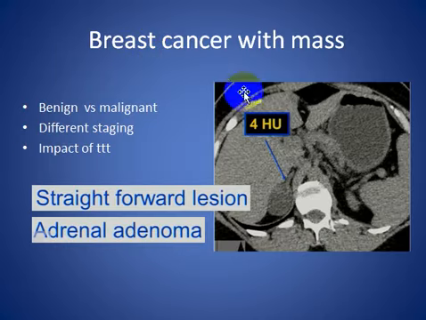Here, this patient with right adrenal mass, a patient with breast cancer: is it benign or malignant? We see the non-contrast CT scan and the density of the mass is about 4 Hounsfield unit. So this is straightforward for adrenal adenoma, and this is benign and no further treatment is advised.